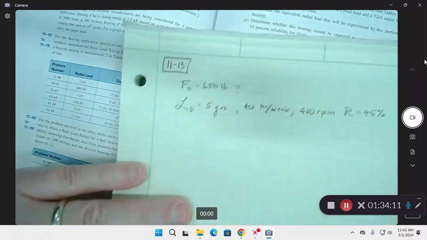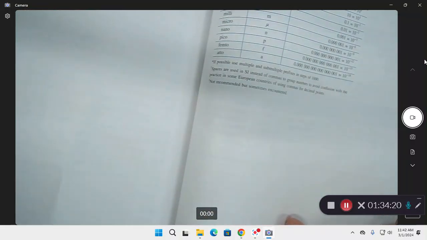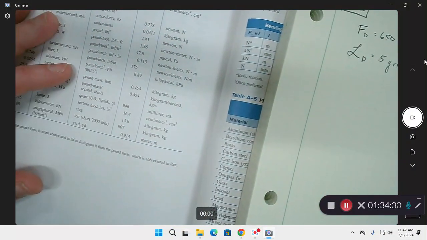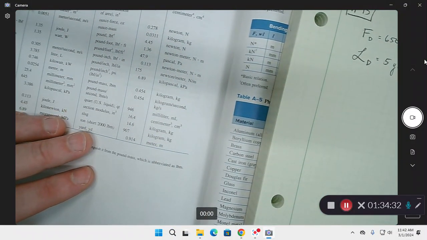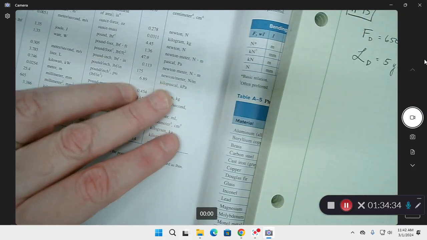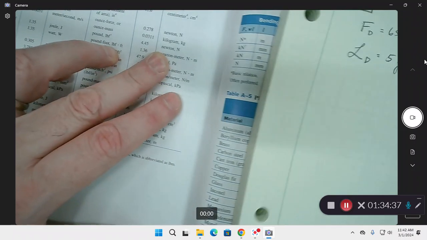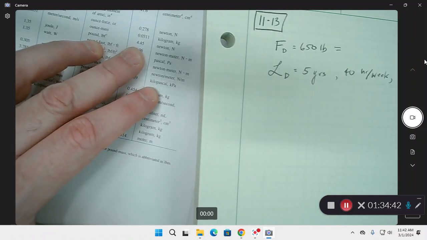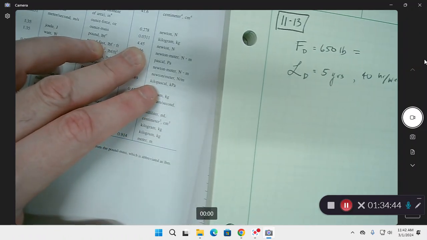So here we'll start with, let me just close that. I'm sorry. All right. If you want to find kilonewtons, right here we want newtons. We multiply the pounds by 4.45.